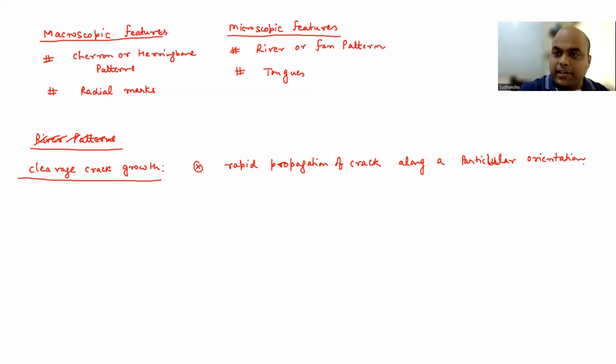So it's a rapid propagation of the crack, not like the ductile mechanism. And it happens along a particular orientation or particular plane, and that's why we call it cleavage.